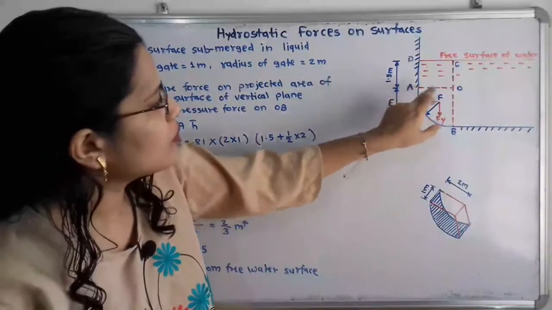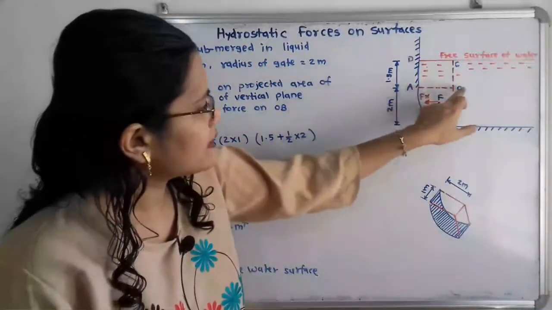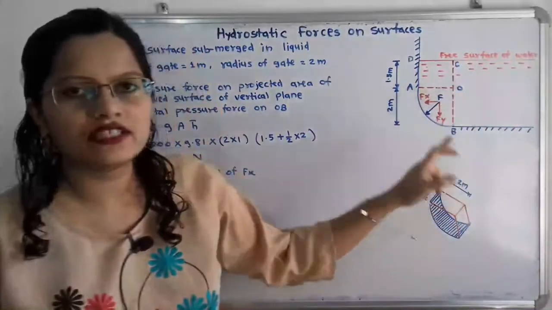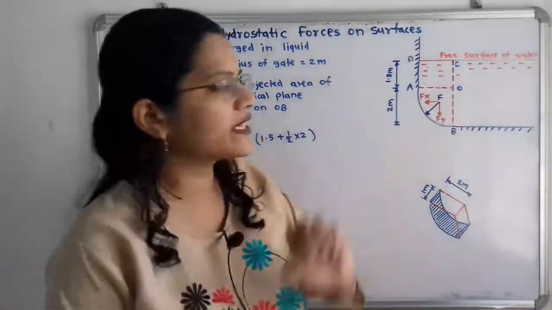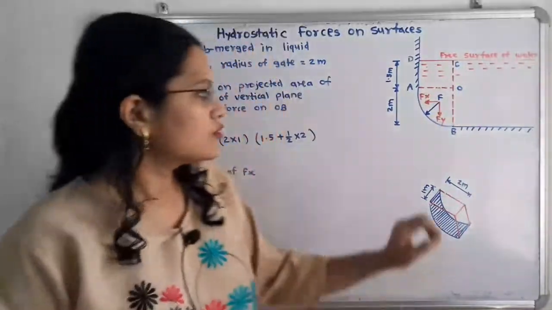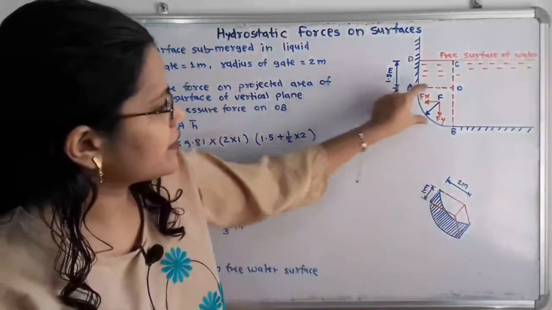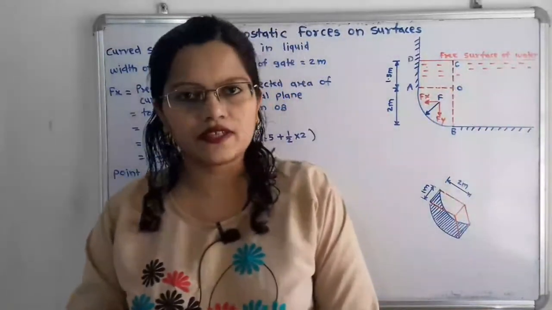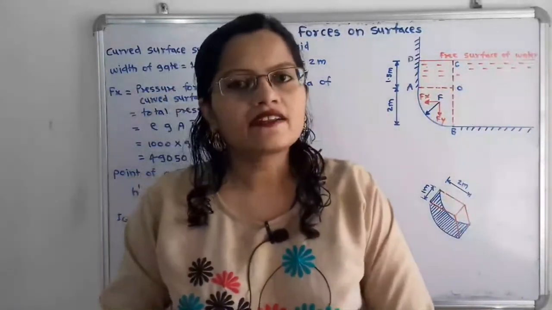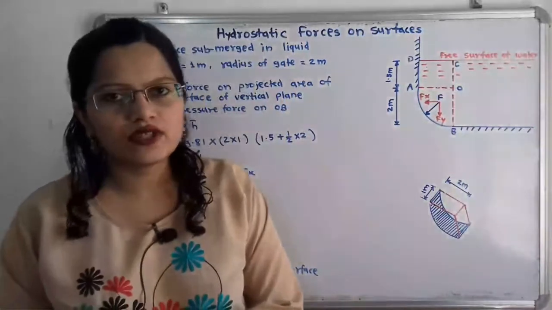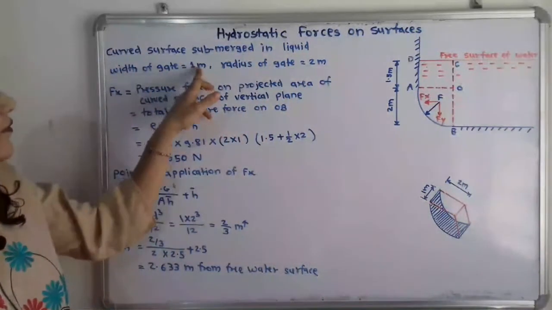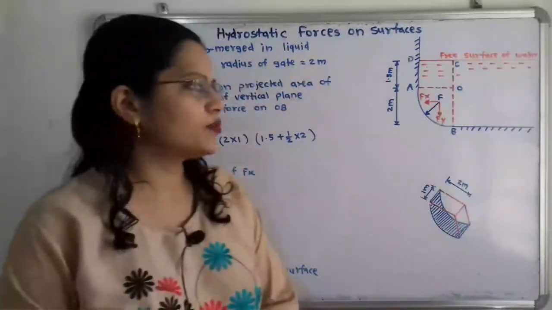So we have to extend point A in the horizontal direction and point B in the vertical direction, and the point of intersection will give us the center O. Here the vertical distance is given, that is 2 meters, so the radius for this curved surface is 2 meter, and the width we have to take as unity, that means 1. So we write here the width of gate 1 meter and radius of gate 2 meter.